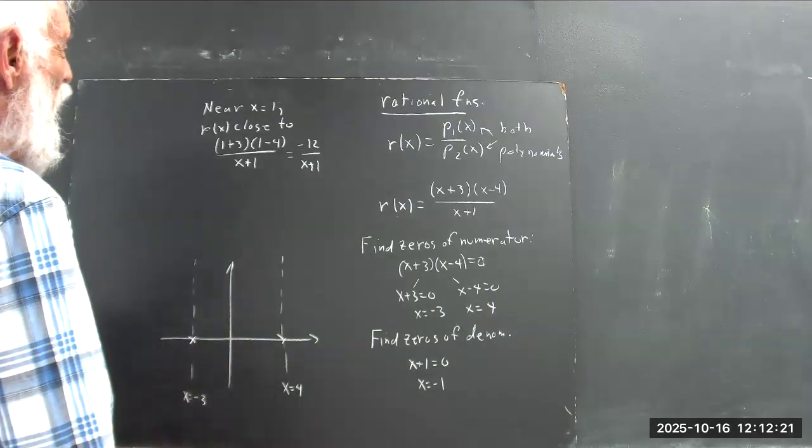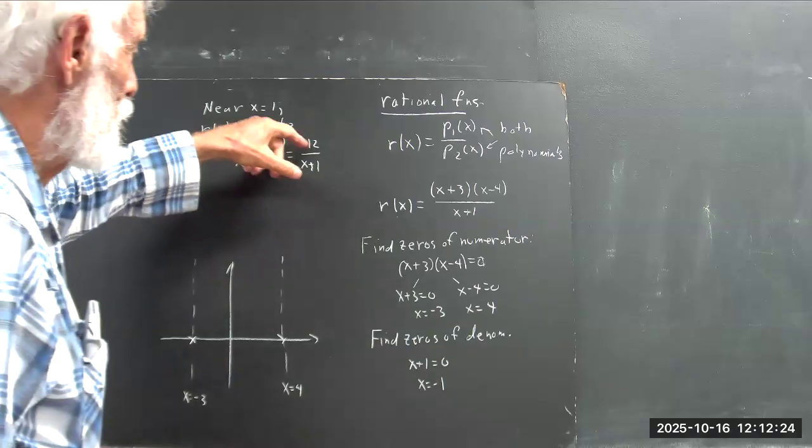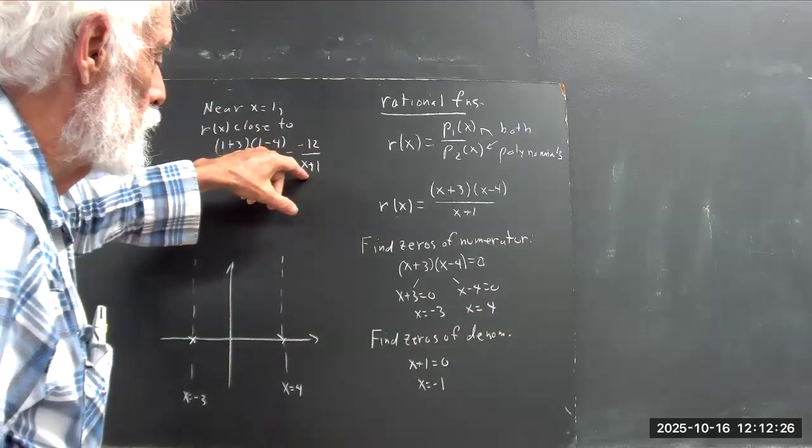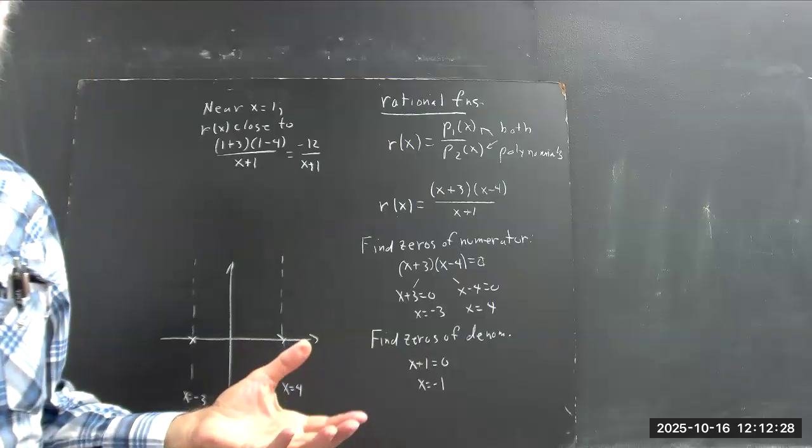So y equals -12 over x plus 1. What's that graph look like?